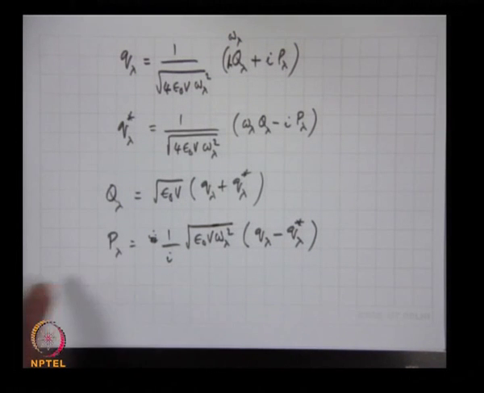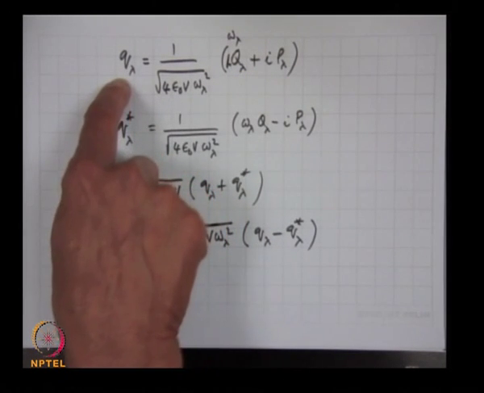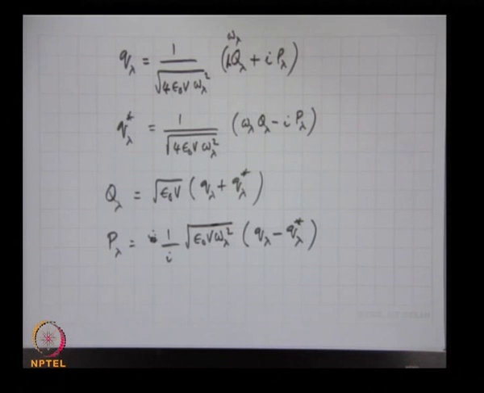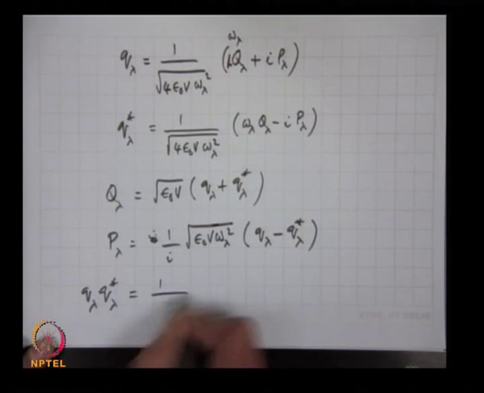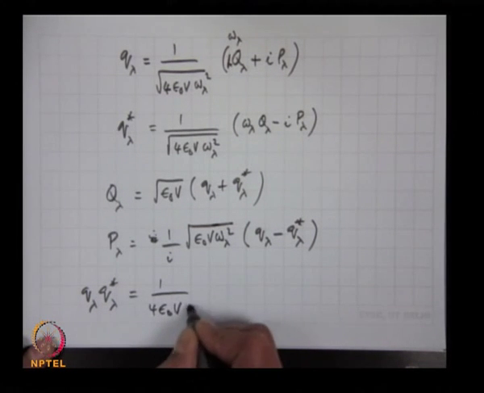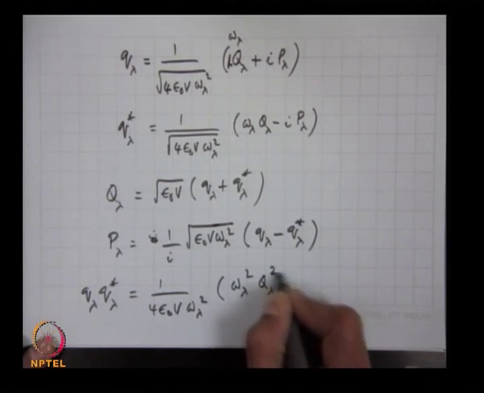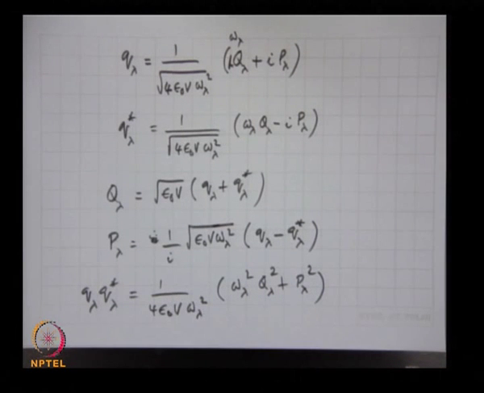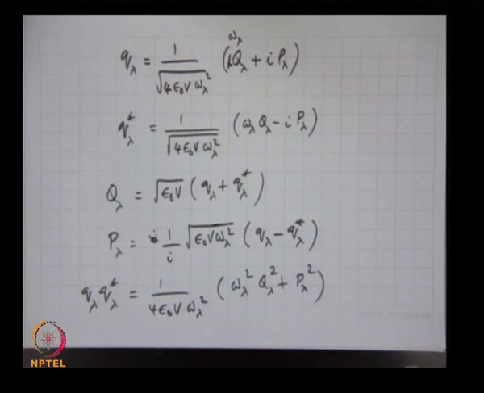And these are, as you can see here, real, because these are the real and imaginary parts of Q lambda here. So what is Q lambda star Q lambda? Q lambda star Q lambda is equal to 1 by 4 epsilon 0 V omega lambda squared into omega lambda squared q lambda squared plus p lambda squared.